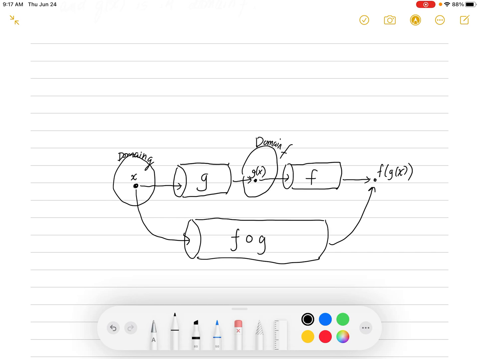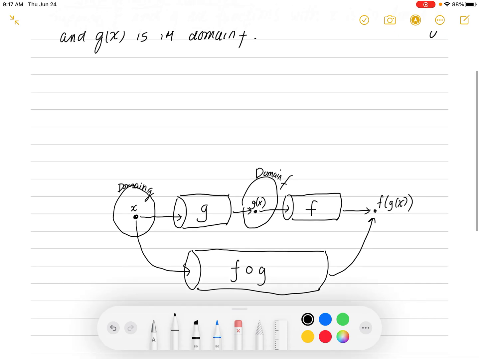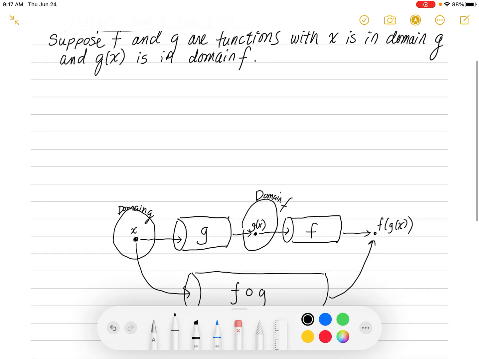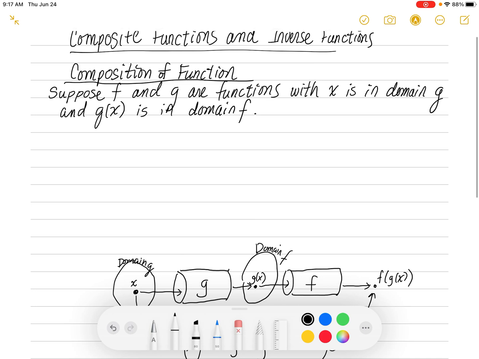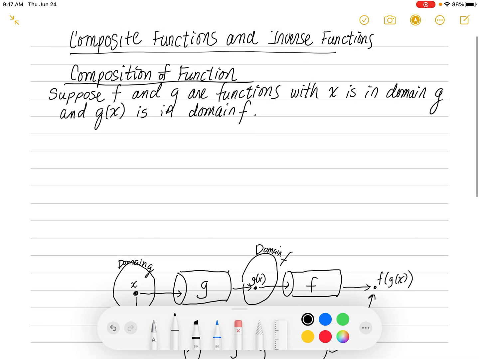We're going to call this function the composition of f with g, and we're going to write it f circle g. So going through f circle g sends you to f of g of x. That would be the same thing as first going through g and then going through f. So we want to define this properly.